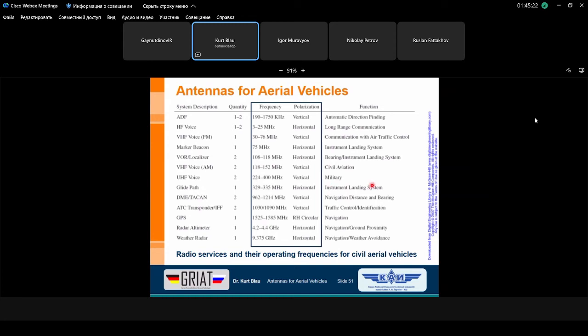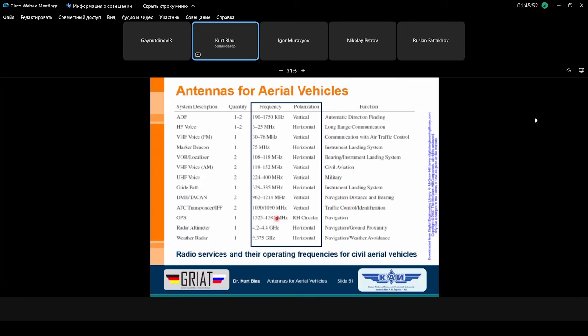It's active near the airport, starting, landing. Then here navigation, distance, and bearing, also necessary in connection with the airport. Then this traffic control identification is also necessary if the aircraft comes near the airport.